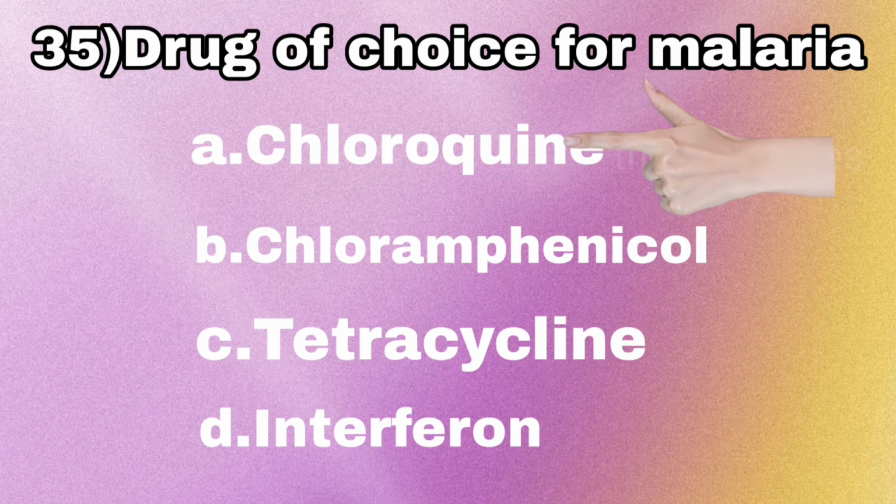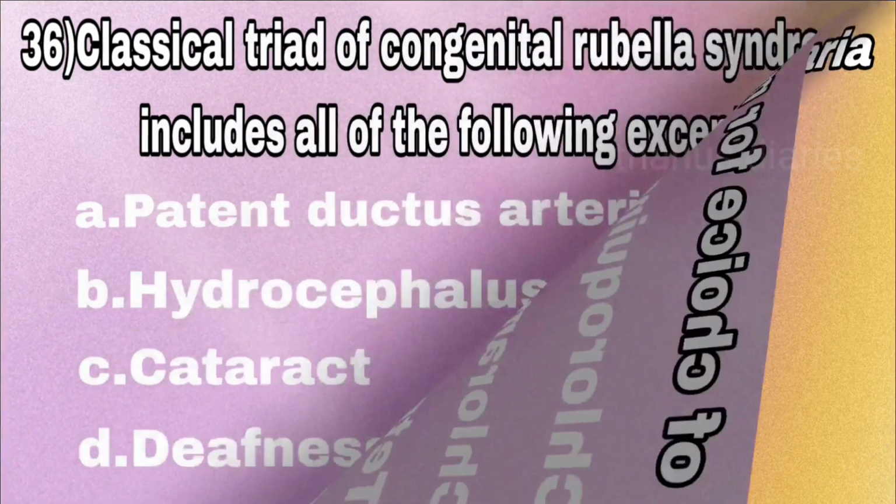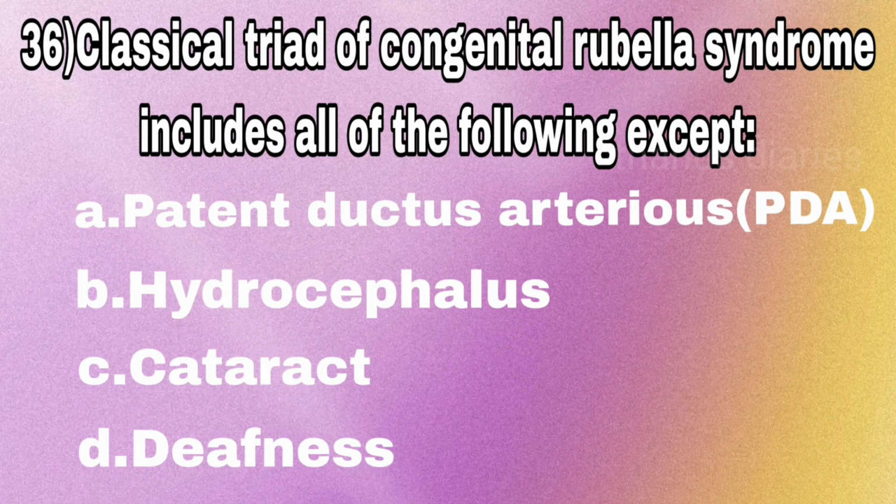And the answer is chloroquine. Next question. Classical triad of congenital rubella syndrome includes all of the following except patent ductus arteriosus, hydrocephalus, cataract, deafness. It's hydrocephalus.